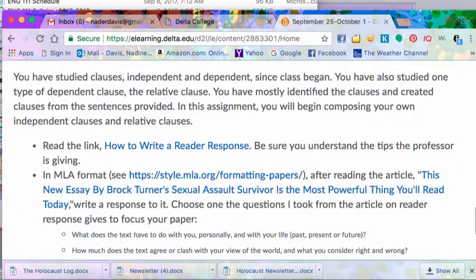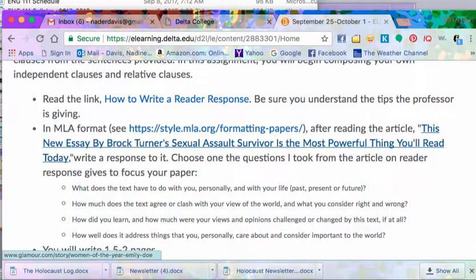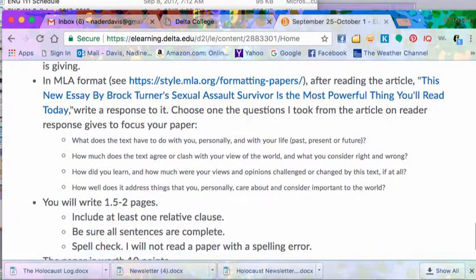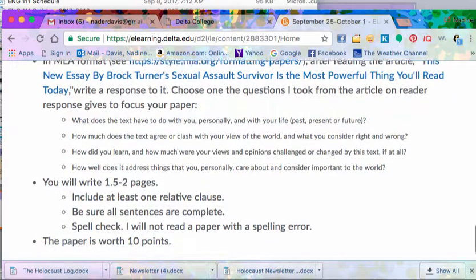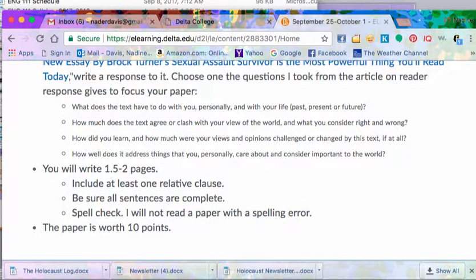And I'm going to ask you to read this article, and I've got some questions. You choose one. You write about a 1.5 to 2 page paper, and then go back through it and just write the paper. Don't worry about relative clauses and all that stuff. Then I want you to go back through and make sure you have at least one relative clause and you have all the sentences complete.